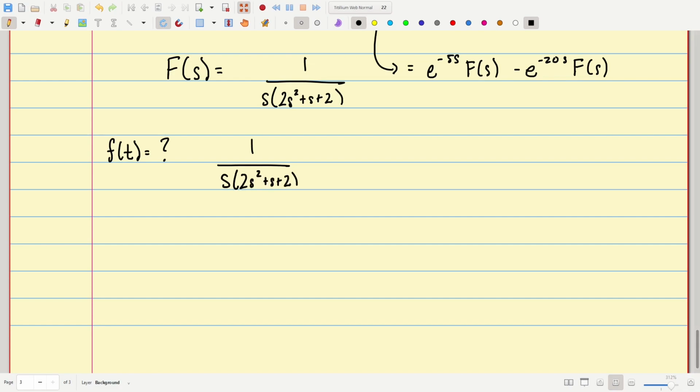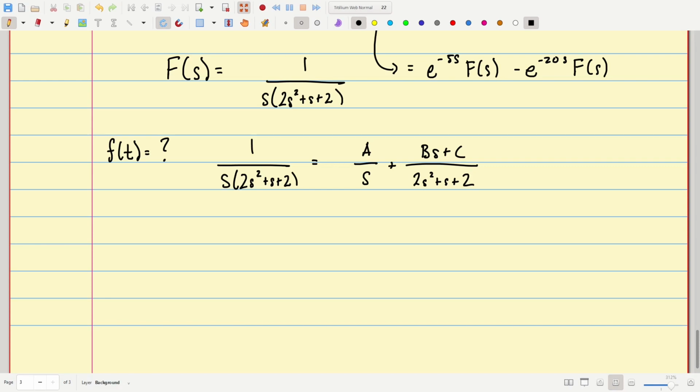And using our, hopefully, memory of partial fraction decompositions, we know that this is the setup that we need in order to solve our problem. Okay.